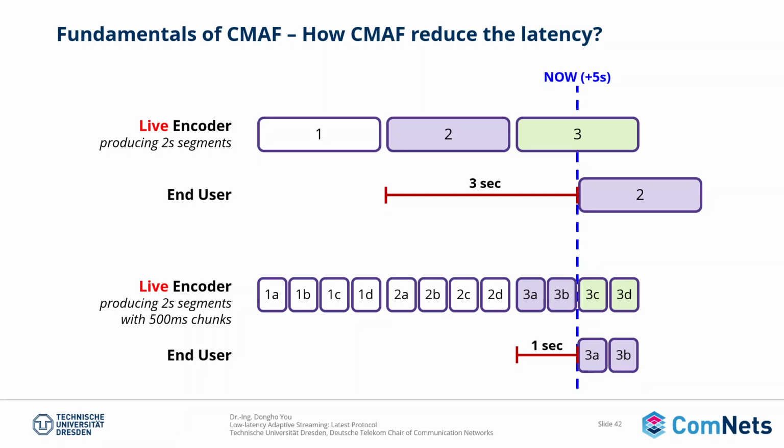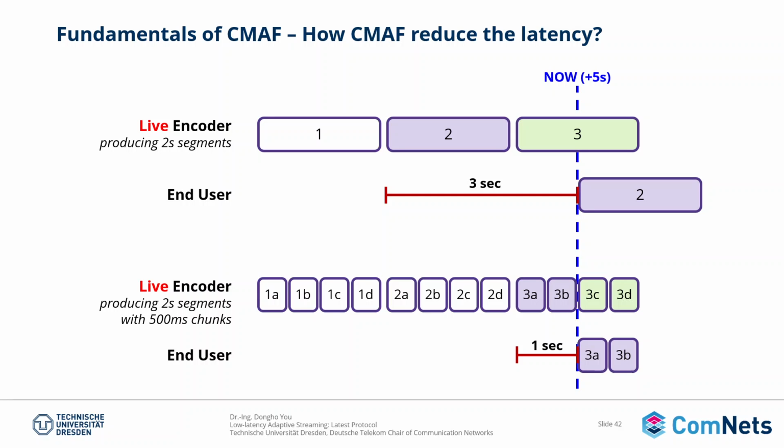So let's see one example. The upper one, this one, is MPEG-DASH, and the other one is the case of CMAF. As I said, CMAF allows dividing the segment into multiple chunks.